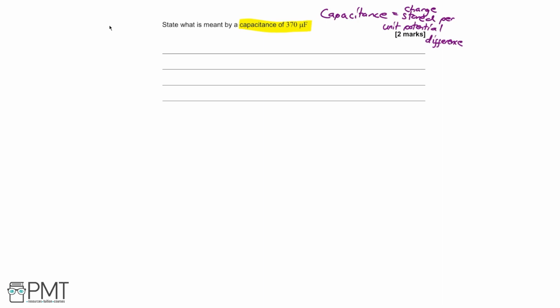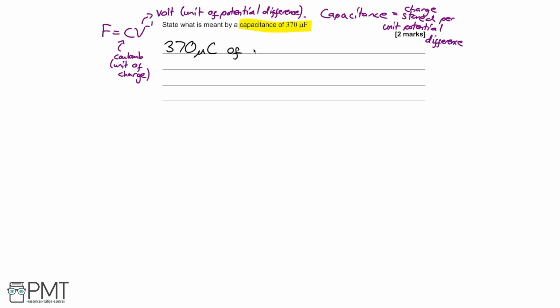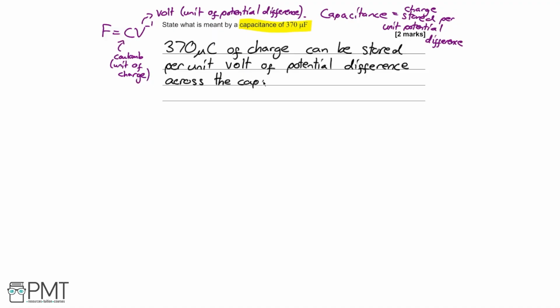This is because the unit farad is defined as coulombs per volt, where coulombs is the unit of charge, volts is the unit of the potential difference. Therefore, our answer is that 370 microcoulombs of charge can be stored on this capacitor per unit volt of potential difference across the capacitor's plates.